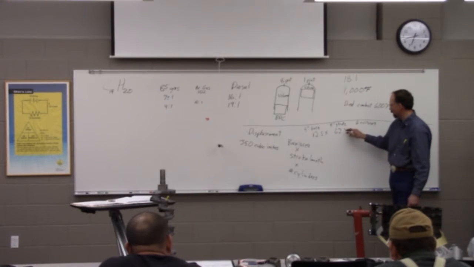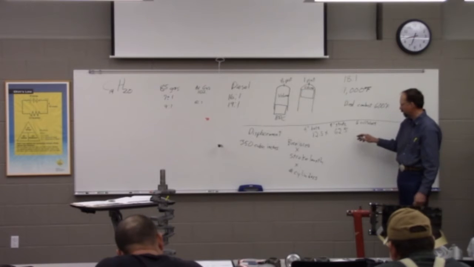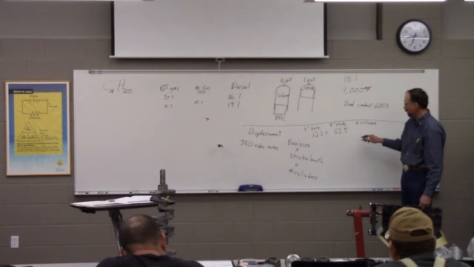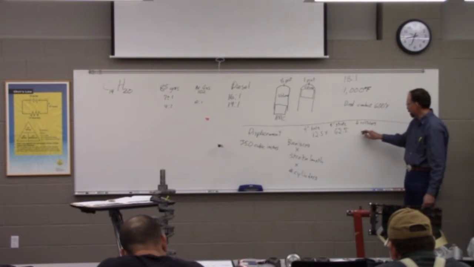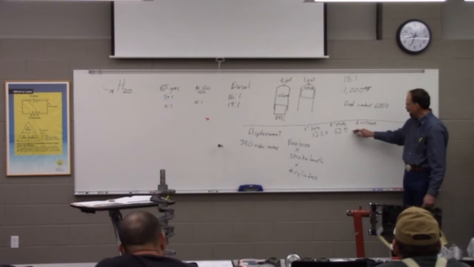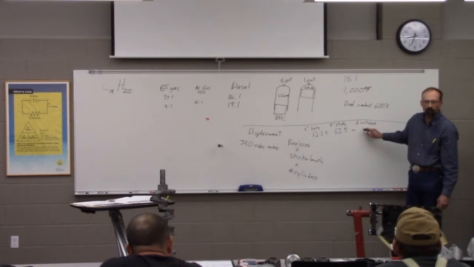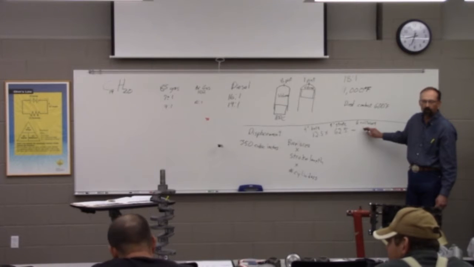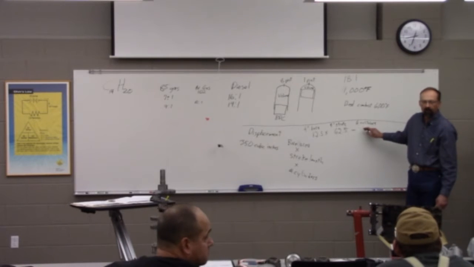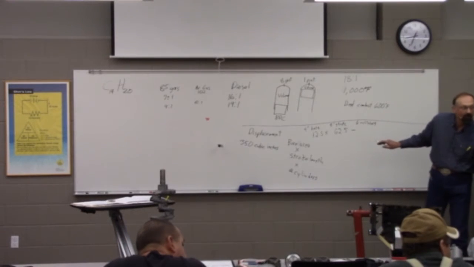Am I mentally doing the math half right, fellas? Okay, then we got 6 cylinders. So what's that get us? Is somebody running their calculator on their phone? What's that, Joe?